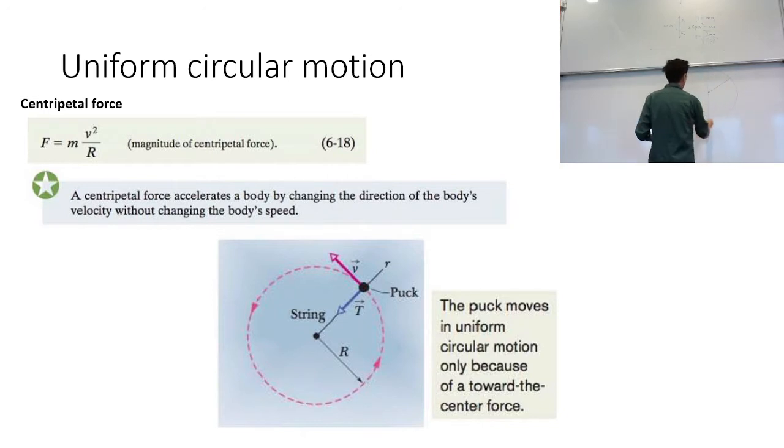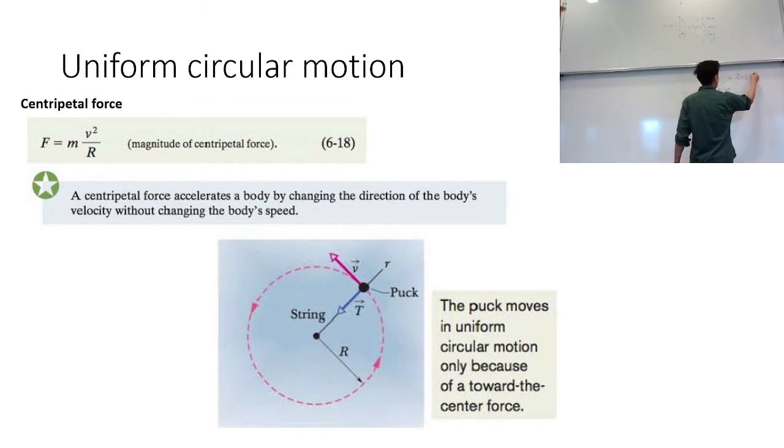Okay, we'll draw some axes. Here's the angle, and it's moving at some constant angular velocity. The coordinates of the object, so this is the radius, the position of the object, maybe I called it x, is r cos omega t, r sine omega t.